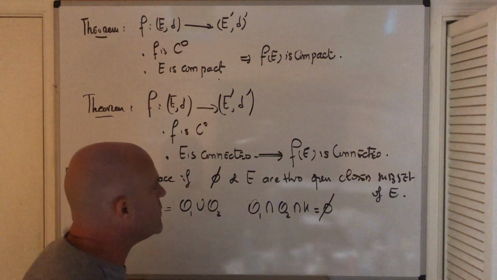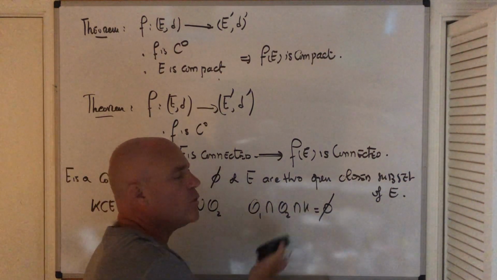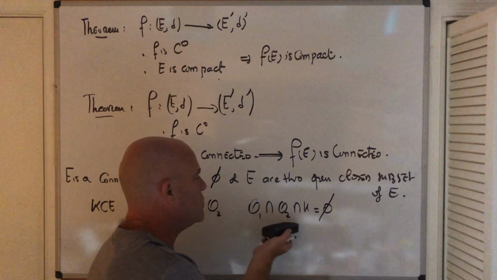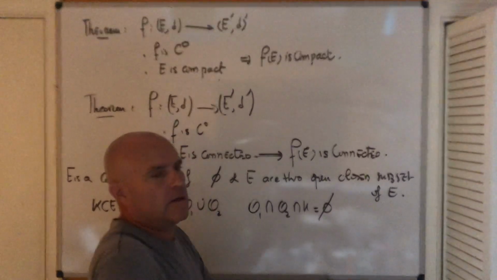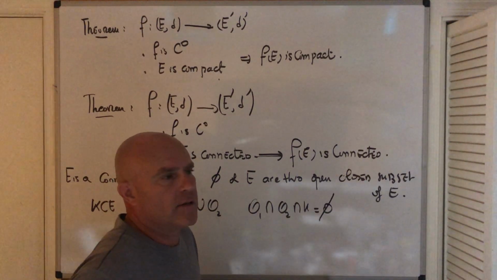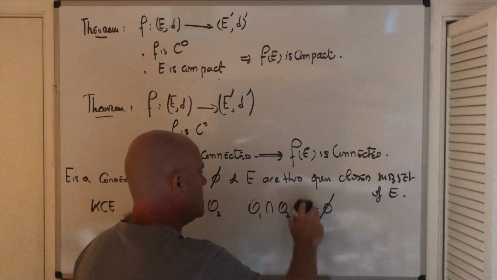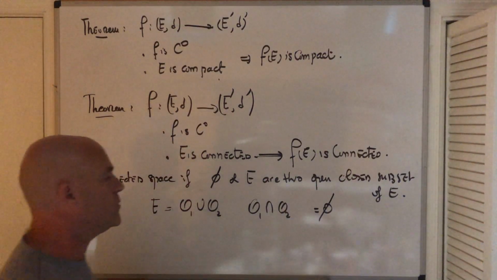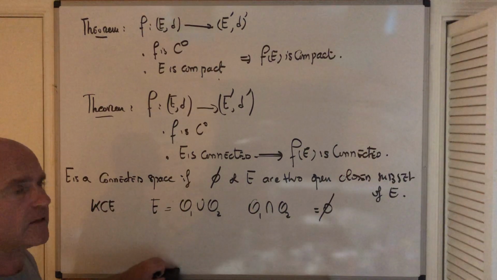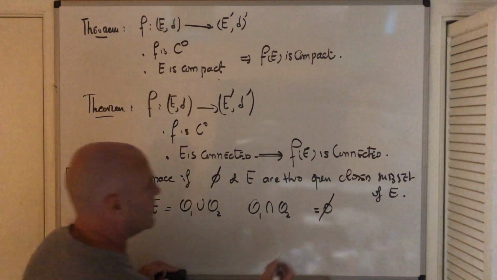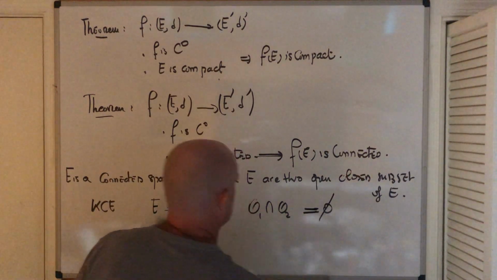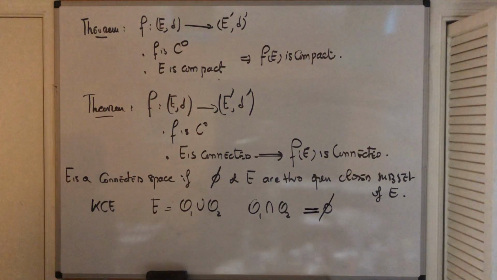And of course, if you look at the intersection of O1 and O2, you cannot take sets other than in E, because both O1 and O2 are in E this time. This is maximum. In this case, O1 and O2 cannot be bigger than E by means of inclusion.